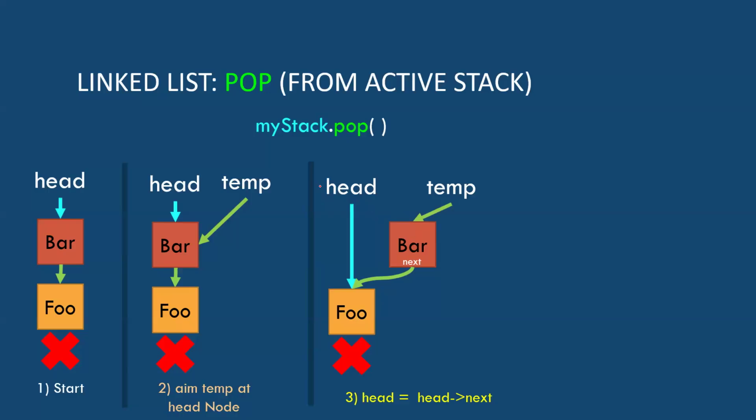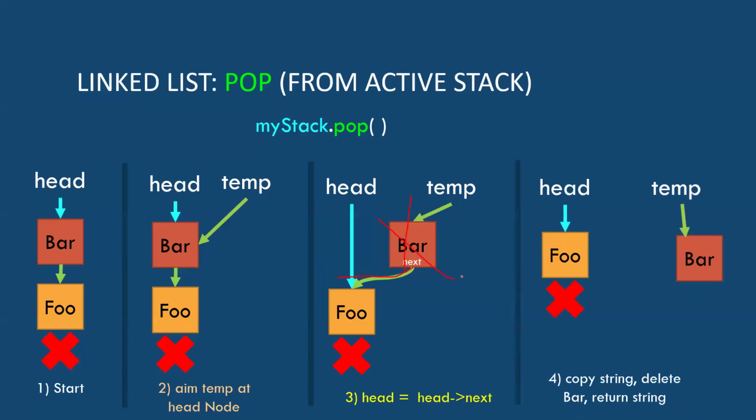And now we've kind of removed the bar. True, bar is still pointing at foo, but we're going to get rid of this. So all of that's going to go away anyway, right? So we steal the string from the bar, and then we blow that thing away, and we're done, right? We just return the string. Okay? So we need to explicitly delete what this thing is pointing to here, so it goes away. Otherwise, we have a memory leak. Okay?